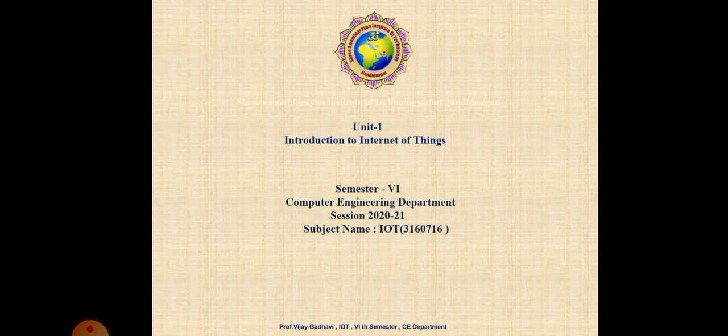Fourth book is IoT Based Projects, author is Rajesh Singh, and publication is BPB. Fifth book is Internet of Things with Arduino and Board, author is Ashwin Pajankar, published by BPB.